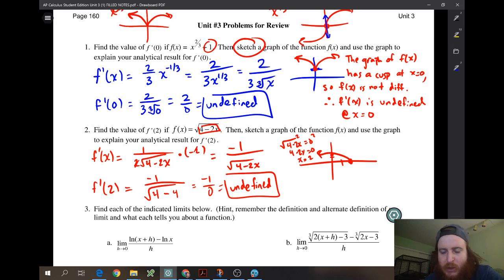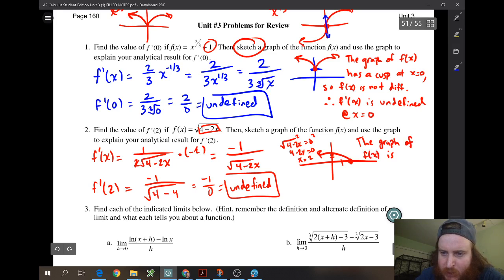Now, basically, our key here is that the graph is not continuous, right? This graph of f of x, it's not a cusp, it's not a corner, it's actually just not continuous. So the graph of f of x is not continuous at x equals 2.